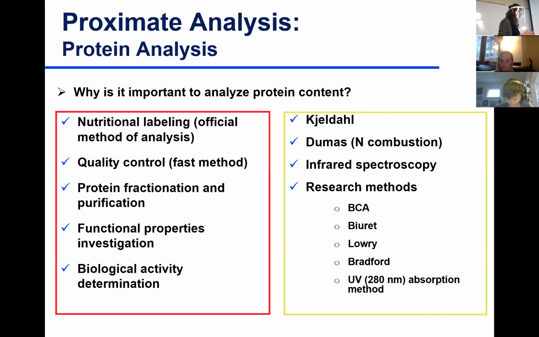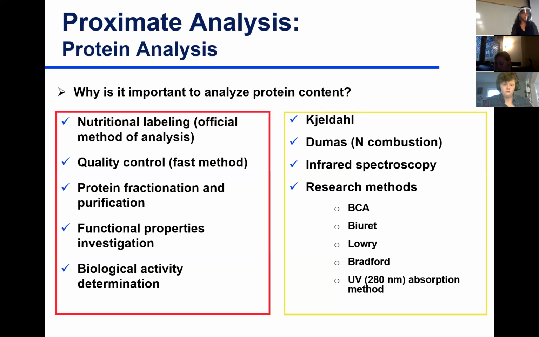So they want to get all the value out. Protein is value. So it's very important to determine mass balance. They take measurements throughout to determine where that protein is and how much protein winds up in the end.